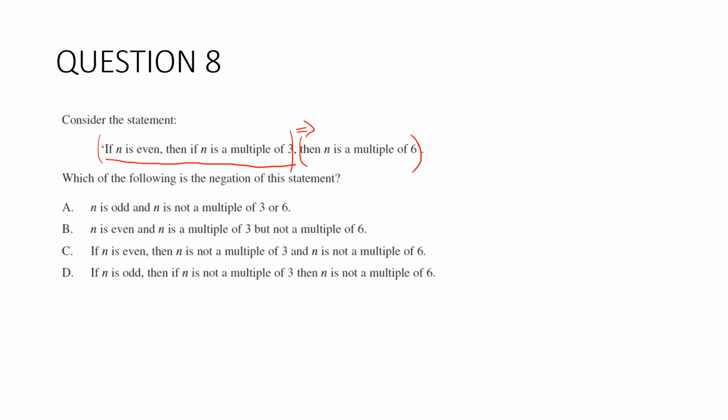So to do the negation, we need this to be the same, and then we need the negation of this conclusion. So n is not a multiple of 6. So let's go through them. n is odd, and n is... no, it's not A. They've negated the premise. B, n is even, and n is a multiple of 3, but not a multiple of 6. Yes, it's B.